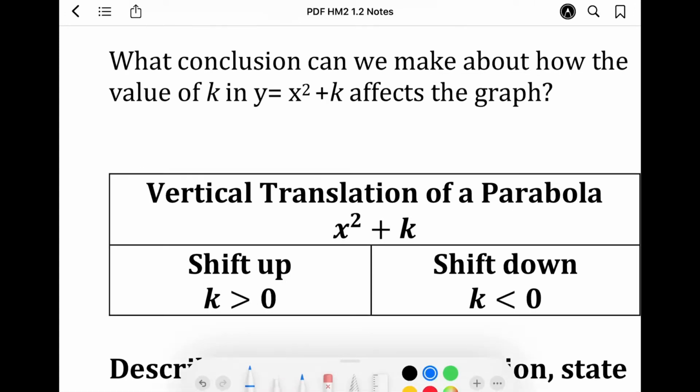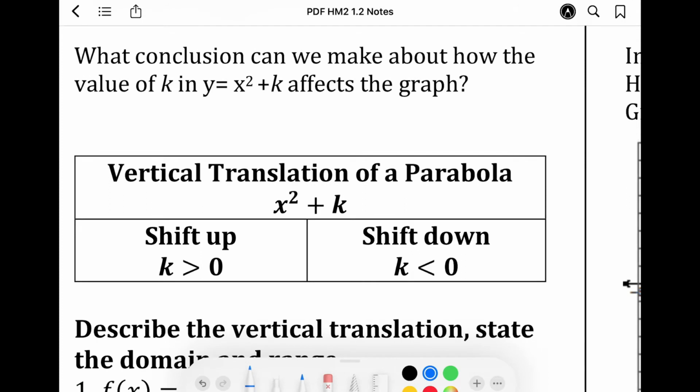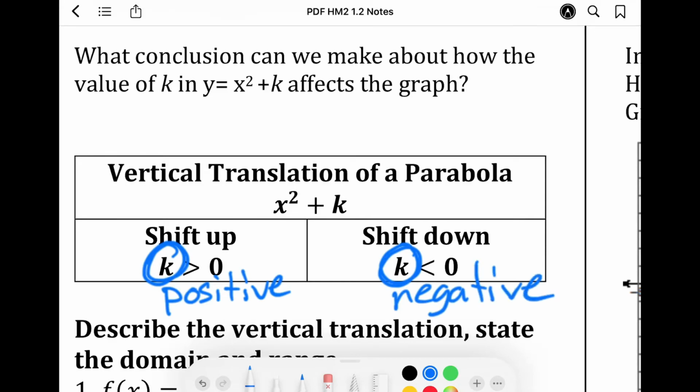Hopefully you figured it out. If it was positive, we went up. If it was negative, we went down. And that's kind of what we have right there. If k was positive versus if k was negative.